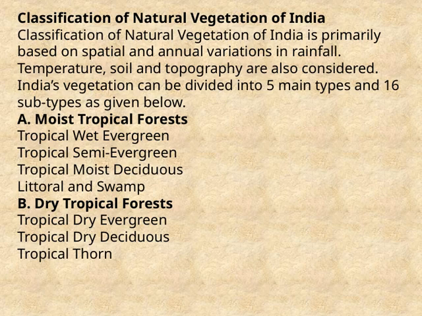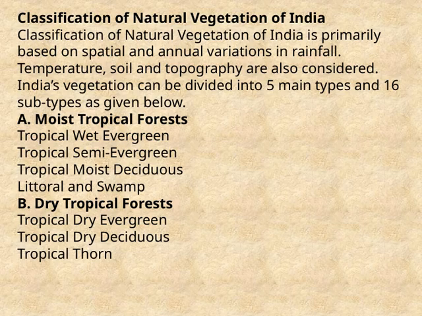Moving on, the second main category is dry tropical forests. Here, we see tropical dry evergreen forests, which are adapted to drier conditions and retain some of their foliage year-round. Then, tropical dry deciduous forests, which shed their leaves in the dry season to conserve water.